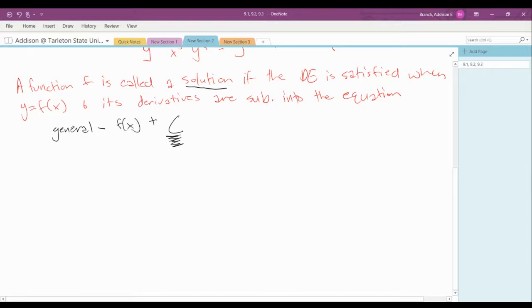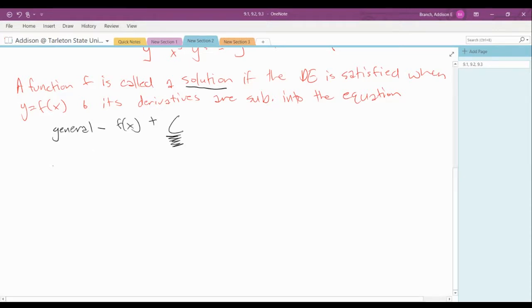We solve for our y equals f of x, and since we have a derivative, we would have to integrate to get rid of that derivative. When we integrate, of course, we usually have y equals f of x plus c. So a general solution means that we just have that c in there. We don't have anything to solve for it. It's just there.